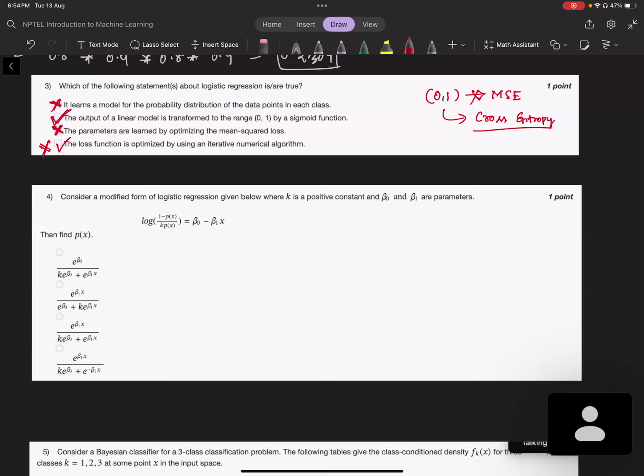One, 3, 2, 4. Oh, okay. There's the solution of the last question, right? 1, 3. Okay. Yeah, we can solve this question. Let me just create some room here.